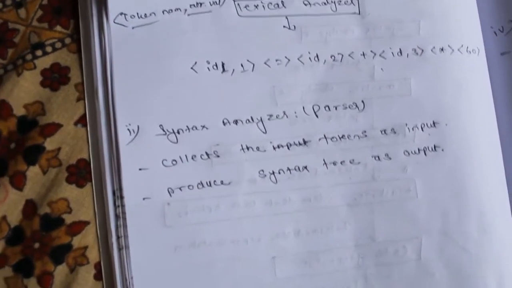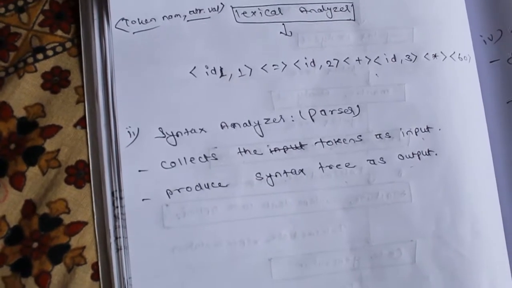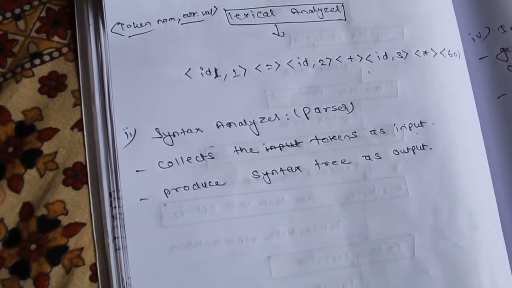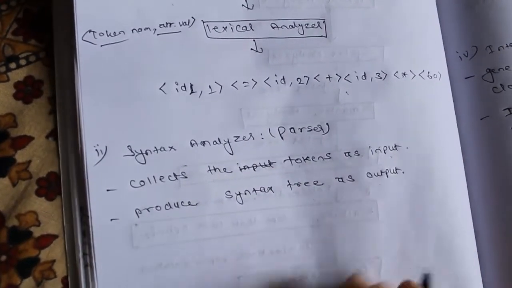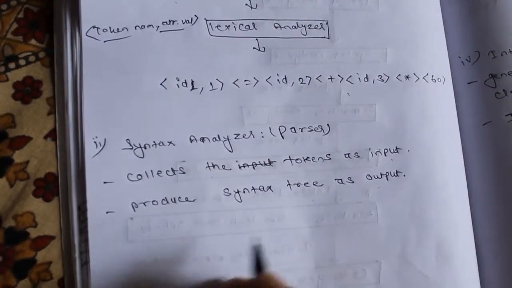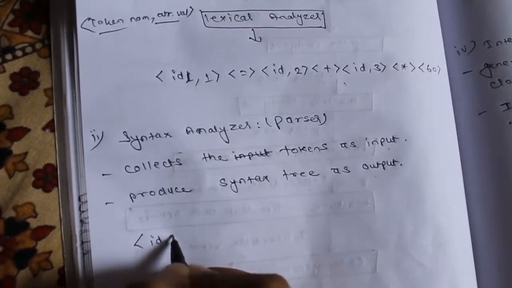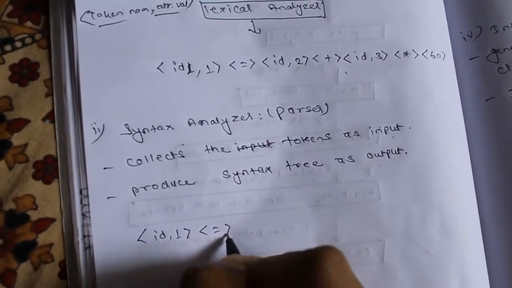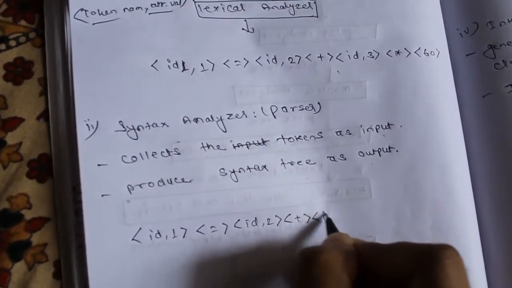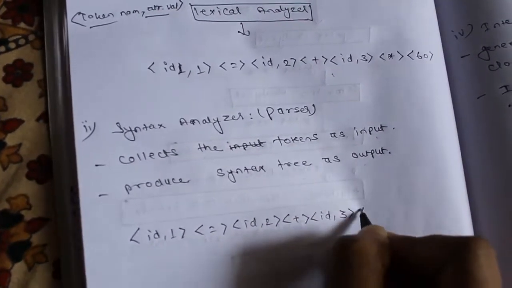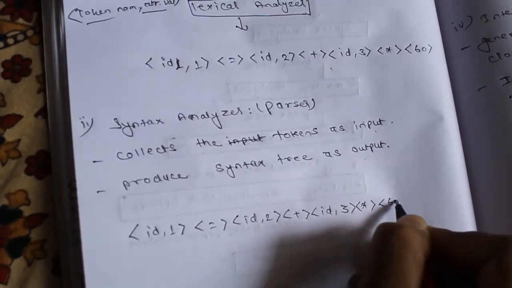Whatever tokens we have got from the first phase of the compiler, now we are going to make the syntax tree of the respective tokens. So now we have got the final result as id1 equals to id2 plus id3 into 60.